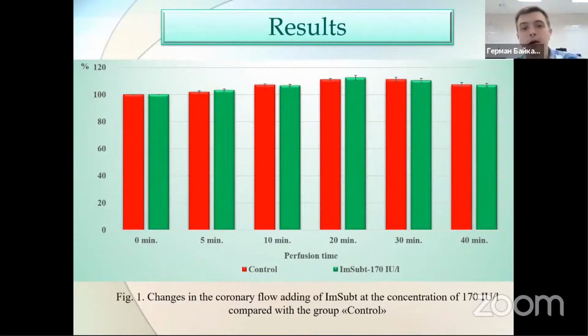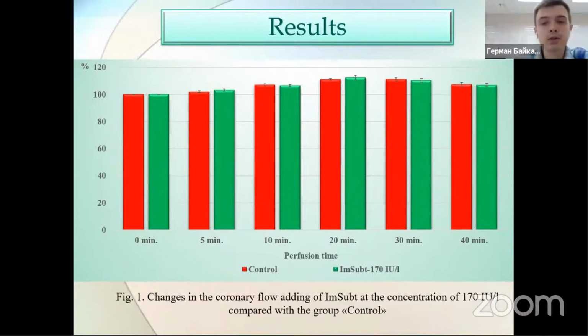In the control group, you can see the hearts were perfused with Krebs-Henseleit solution. We noted an increase in the coronary flow from 5 to 30 minutes, and the increase was a maximum of 10%.